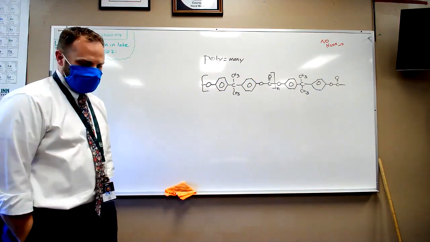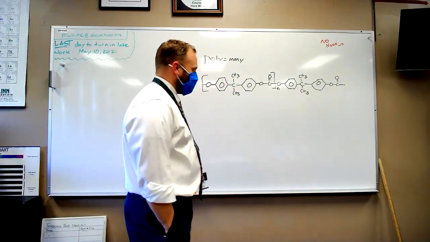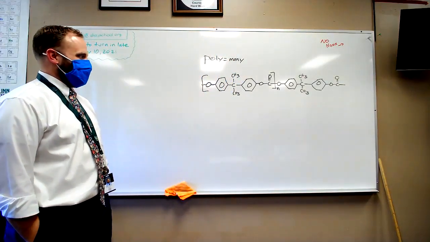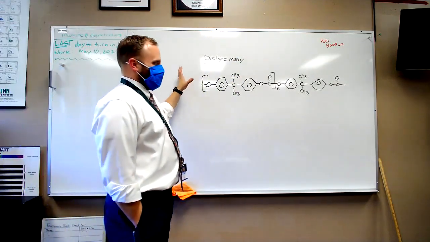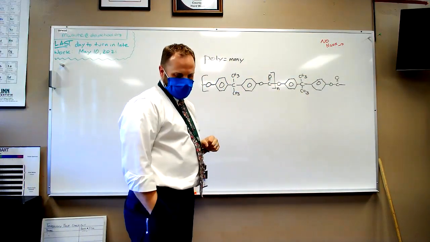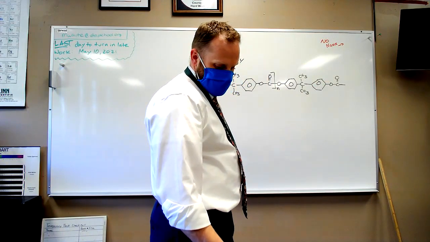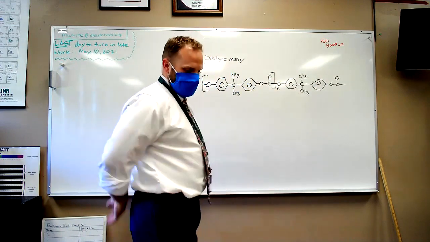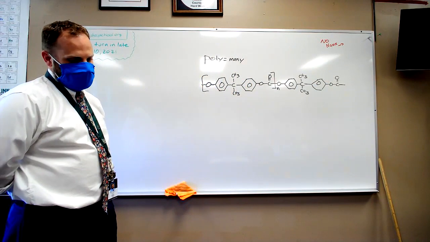Wool is a natural polymer. DNA is a natural polymer. So the key for polymers is you've got this repeating unit. Okay. So synthetic polymers, obviously if it's synthetic, that means humans are making it rather than nature.